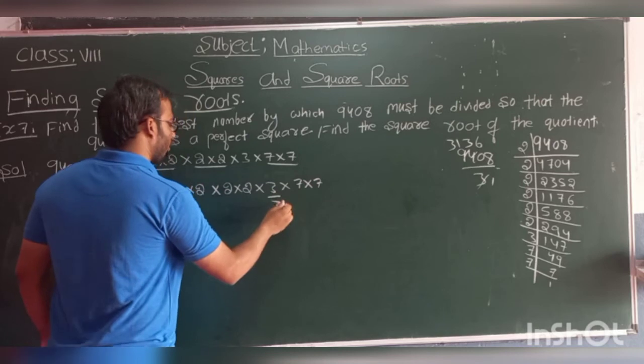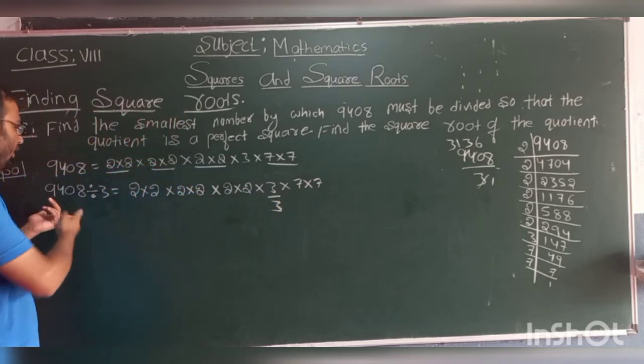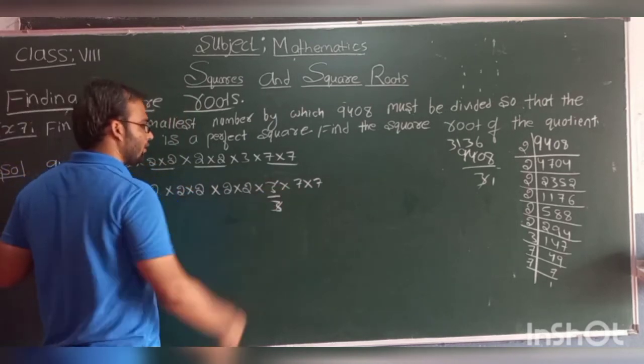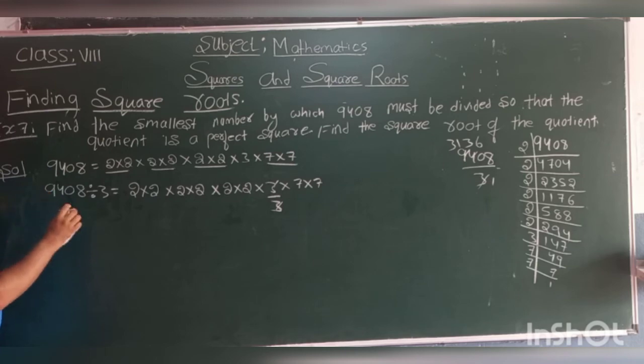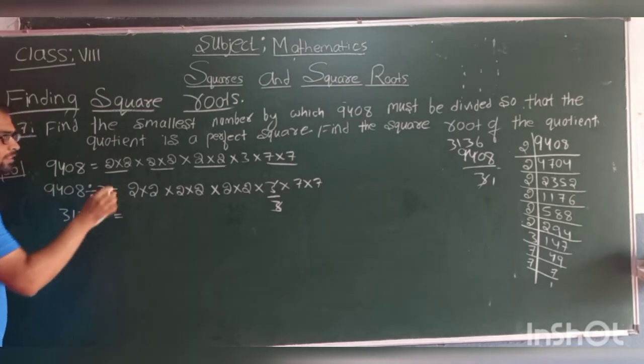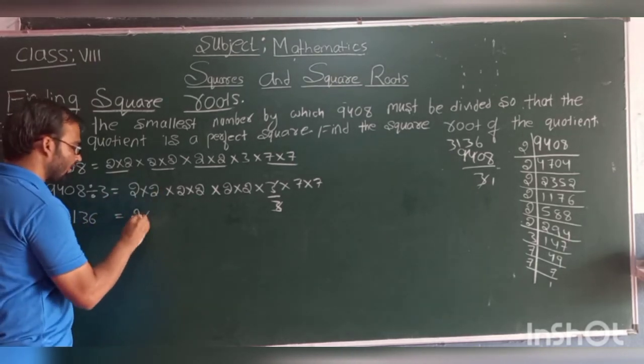So when we divide the number, if we are dividing here, we also need to divide by 3 here. So when we divide the number, we are getting 3136, and these are the factors of that.